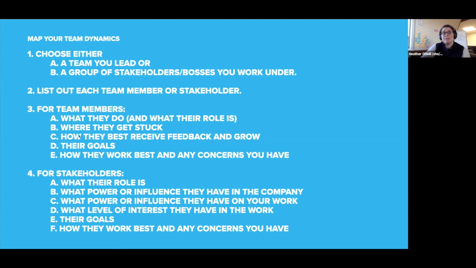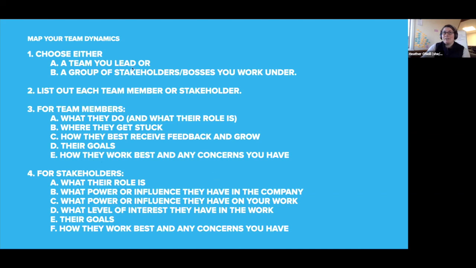And then for team members, you're going to write out what they do and what their role is, where they get stuck, how they best receive feedback and grow, their goals, and how they would work best, and any concerns you have. And then for stakeholders, if you chose that one, what their role is, what power or influence they have in the company, and what power or influence they have on your work, what is their level of interest in your work, their goals, and how they work best, and any concerns you have.